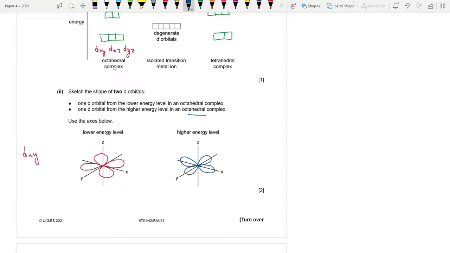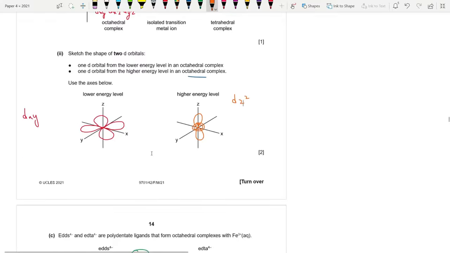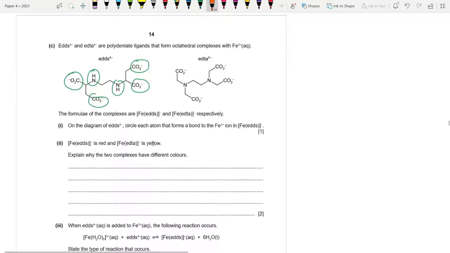What about the dz square orbital? It's basically a p orbital passing through the z-axis, and then you need a halo passing through the x and y axes. This is the dz square orbital. Okay, I've drawn all of them for you more or less. Now moving on, let's go to the next one.